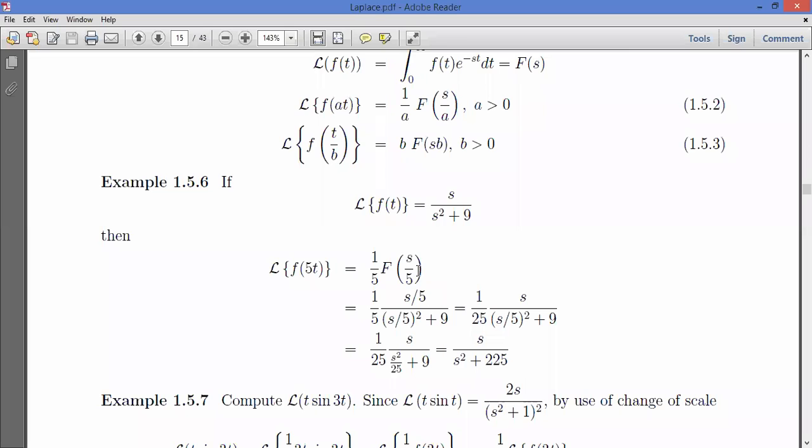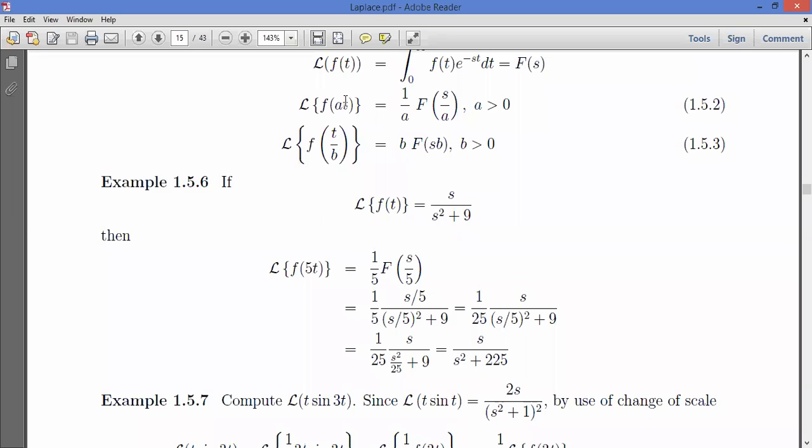So, number 1, if I have f of t, which is s over s squared plus 9, then from this I can infer L of f of t. Now we have a coefficient. The coefficient here is 1.